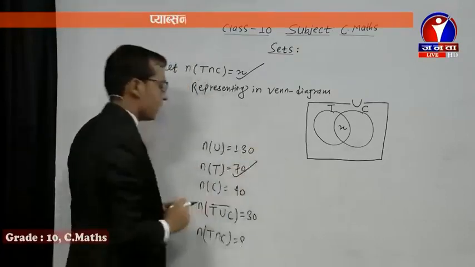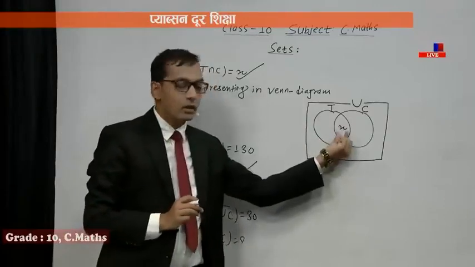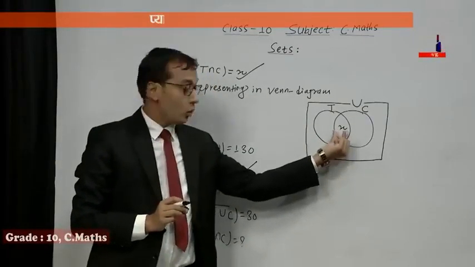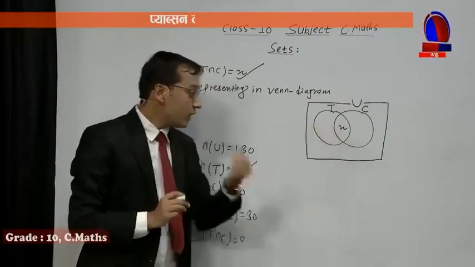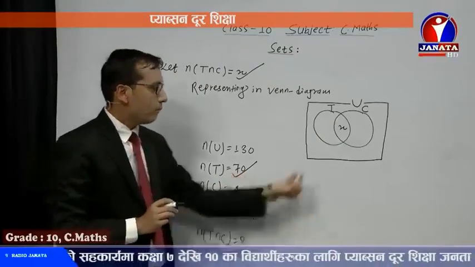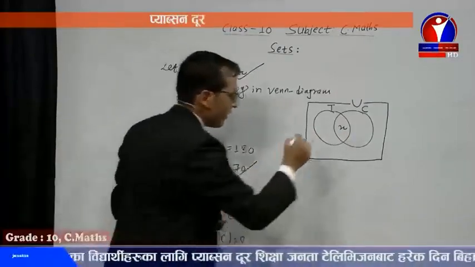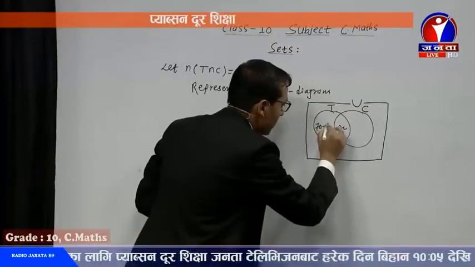It is 70. Out of 70, we have inserted X in the intersection. Now what is N only T? Total N of T minus the intersection gives N only T. So this is 70 minus X.